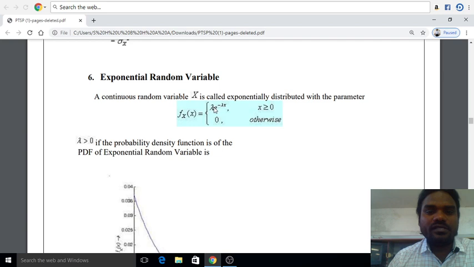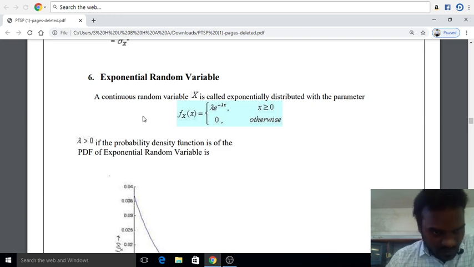If lambda is 0, then whatever the value of e to the power of minus x, 0 into anything will be 0, so we must select the coefficient lambda greater than 0.